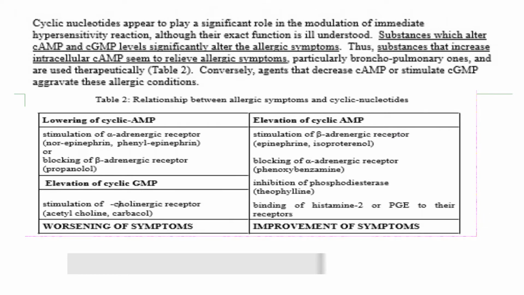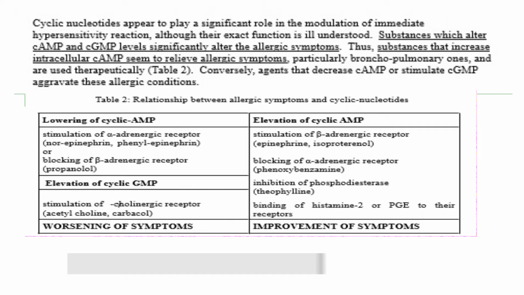So, lowering of cyclic AMP can be done by stimulation of alpha adrenergic receptor by norepinephrine or phenylephrine, or by blocking of beta adrenergic receptor like propranolol, the commercial name of Inderal.